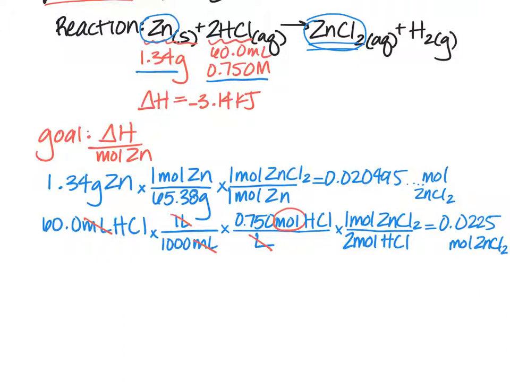However, for the exam, you are not responsible for being able to do this type of problem when given two sets of reactants. I will only give you one. So in the case of the exam, I will give you a mass of a reactant. You'll have to convert it to moles using molar mass, and then you'll have to use the balanced equation to convert that to moles of product if I'm asking you for the moles of product.